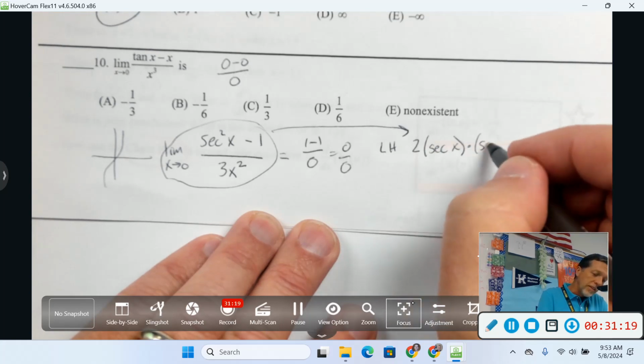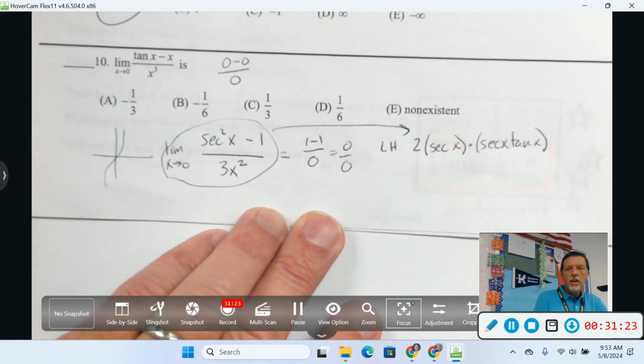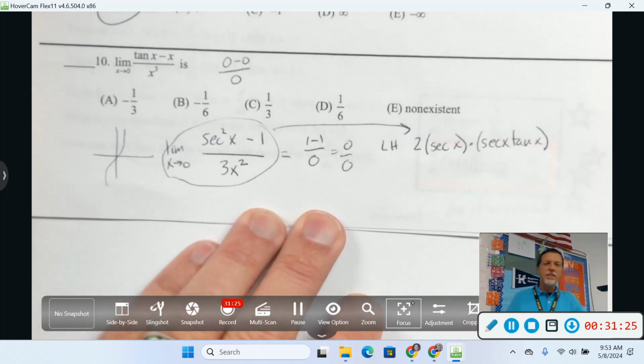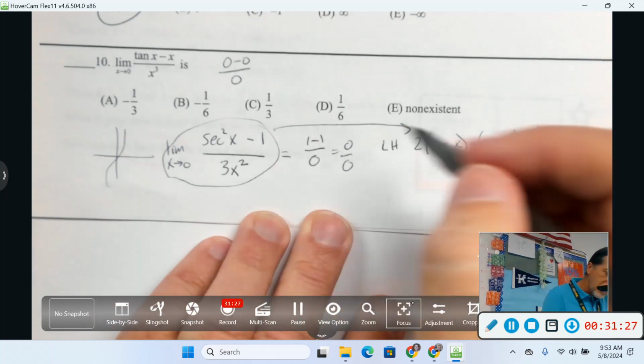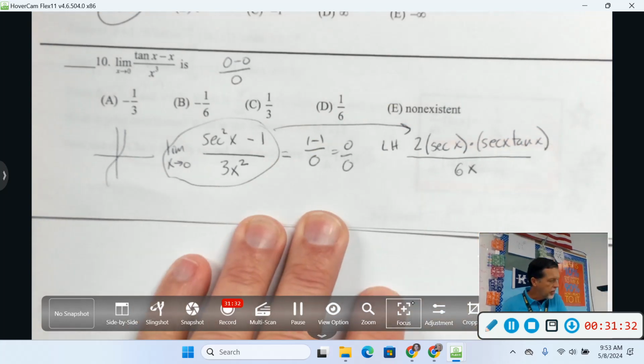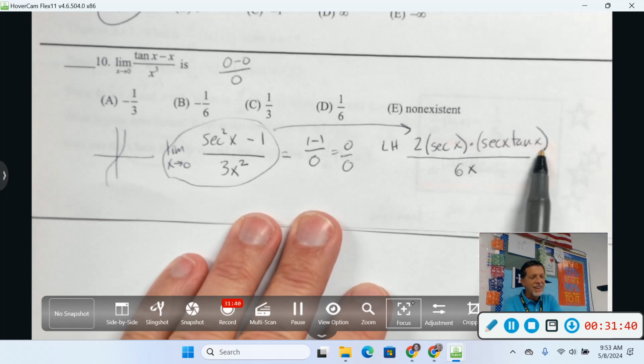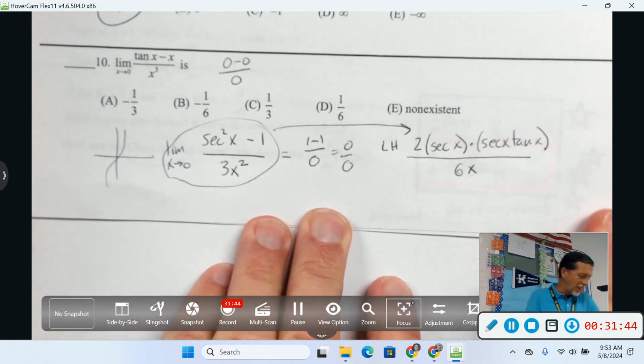And then the derivative of secant of x is secant tangent. At least the 1 goes away. I got that going for me. All over 6x. Yep, if I plug in 0, I definitely have 0 in the bottom. And tangent of 0 is 0. I'm going to have to do it again.